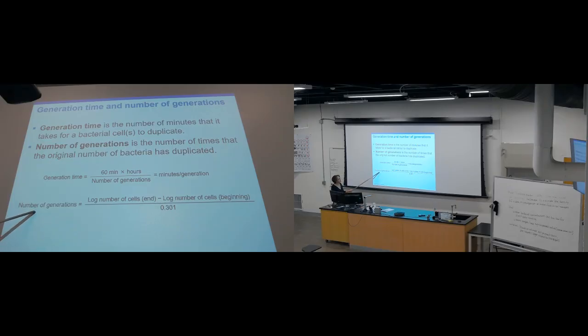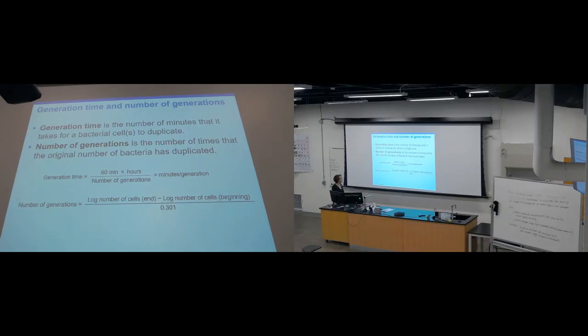And then one way to calculate the number of generations is to subtract the logarithmic number of cells at the beginning from the one at the end, and divide by this index number, which is 0.301.